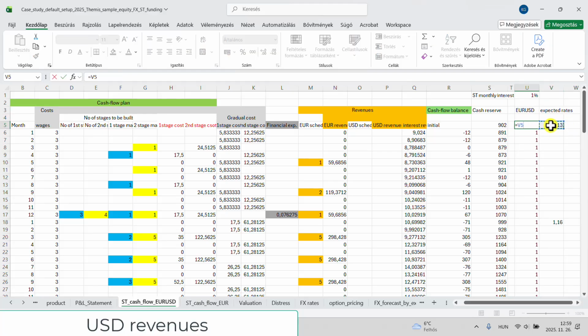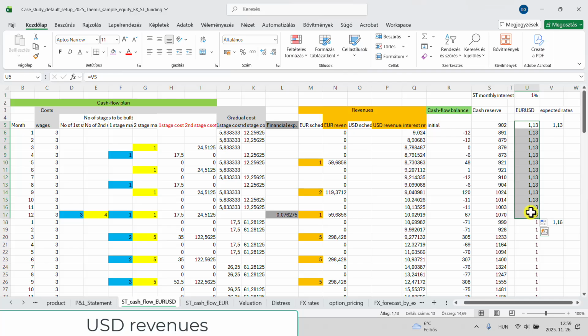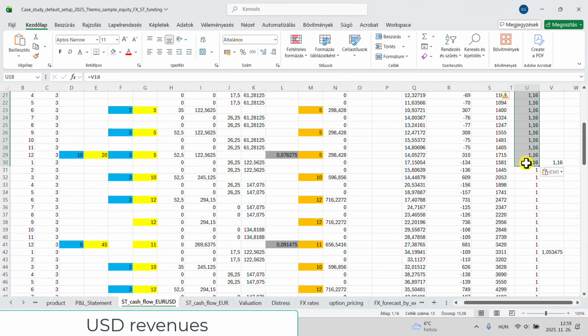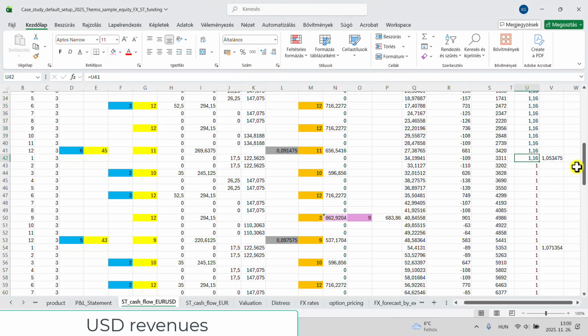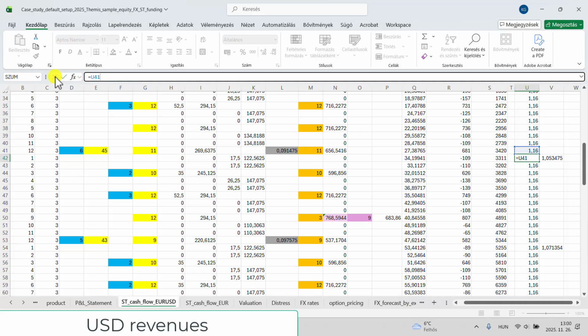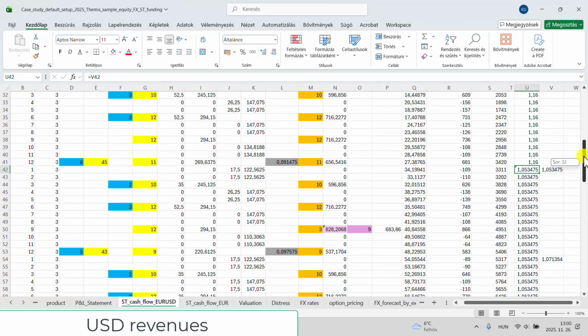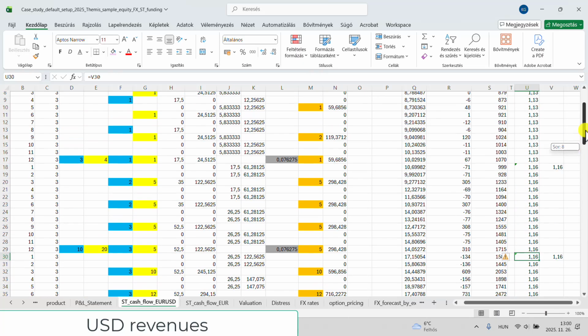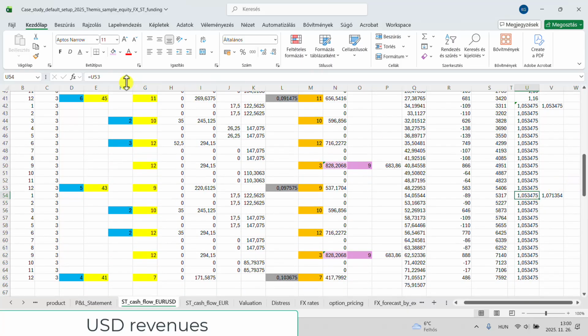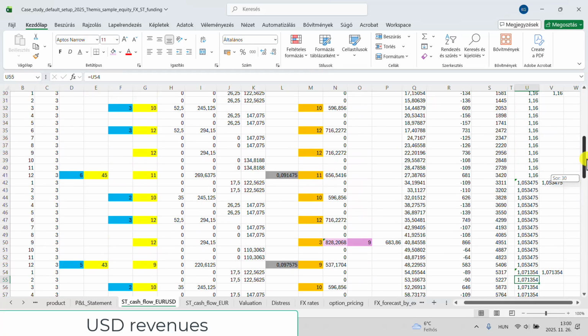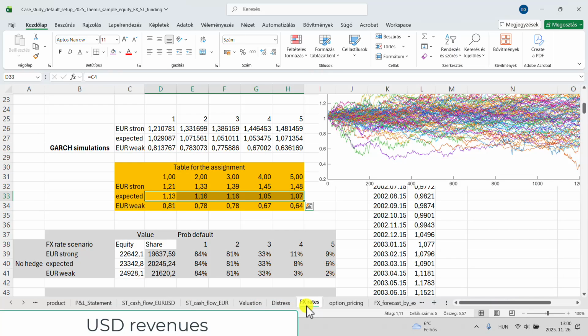So now we just have to say that, okay, this is EUR. And now, what? No. 1.16, yes, okay.